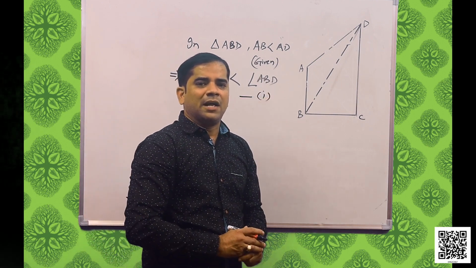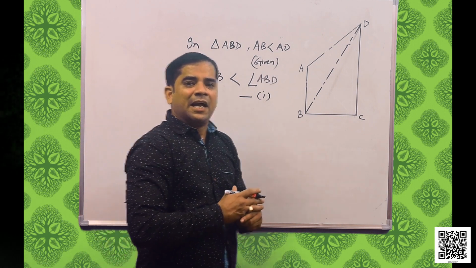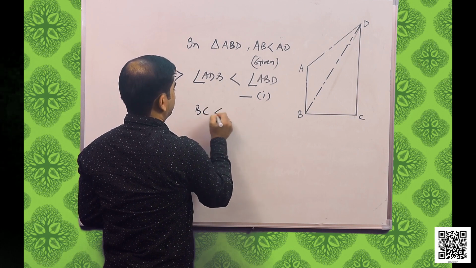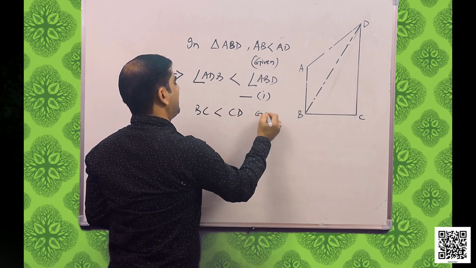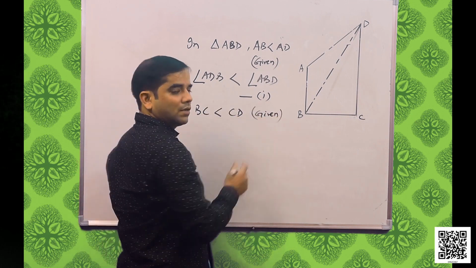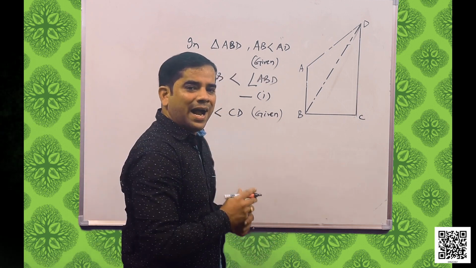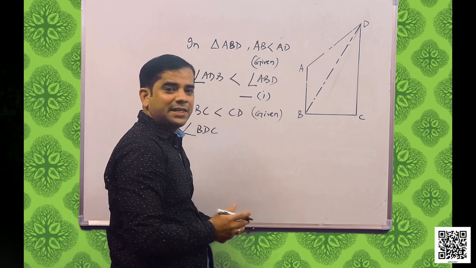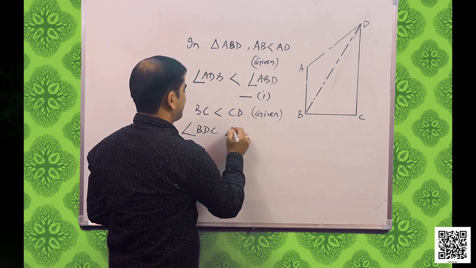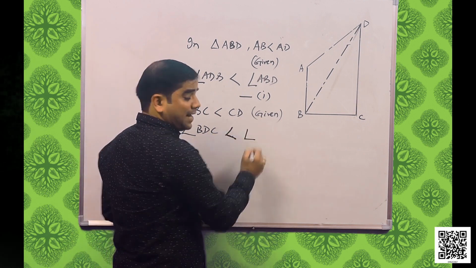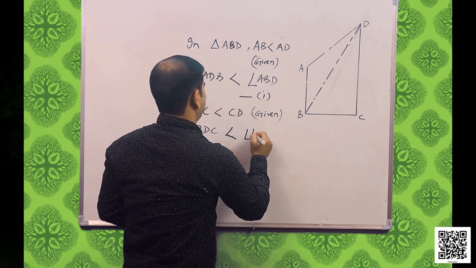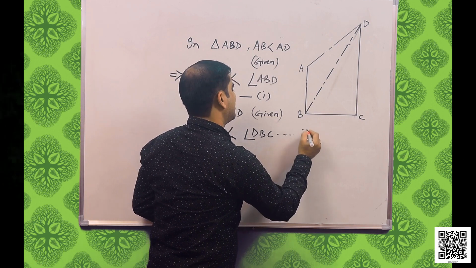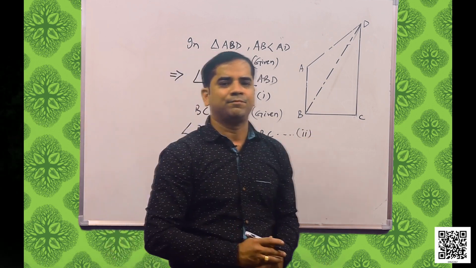Fine. Next, BC is smaller than CD. It is also given. So, angle BDC is smaller than angle DBC. Let me mark it as equation 2. Fine.